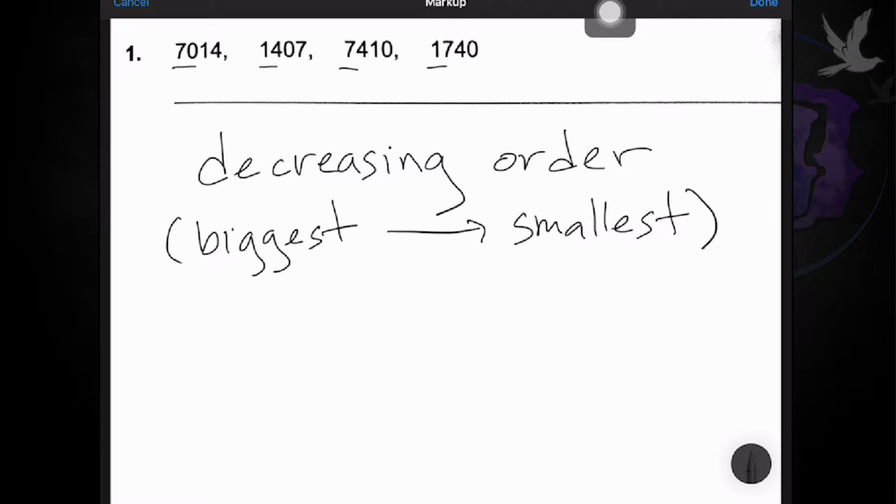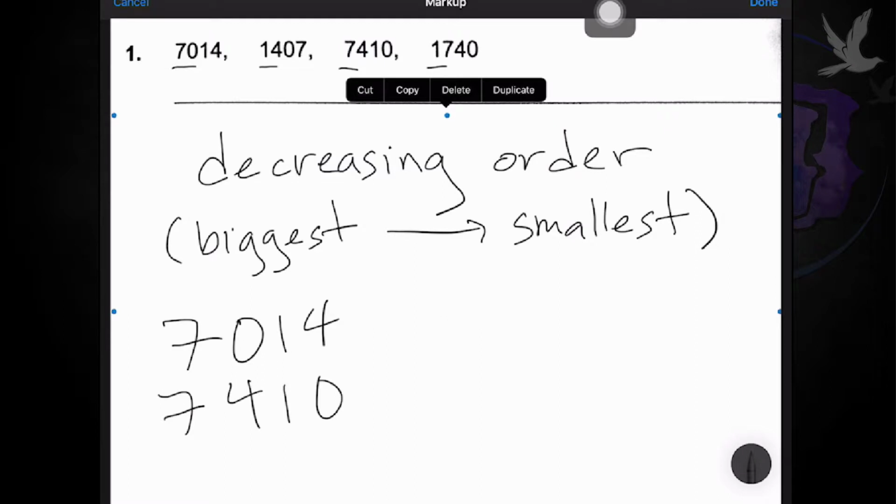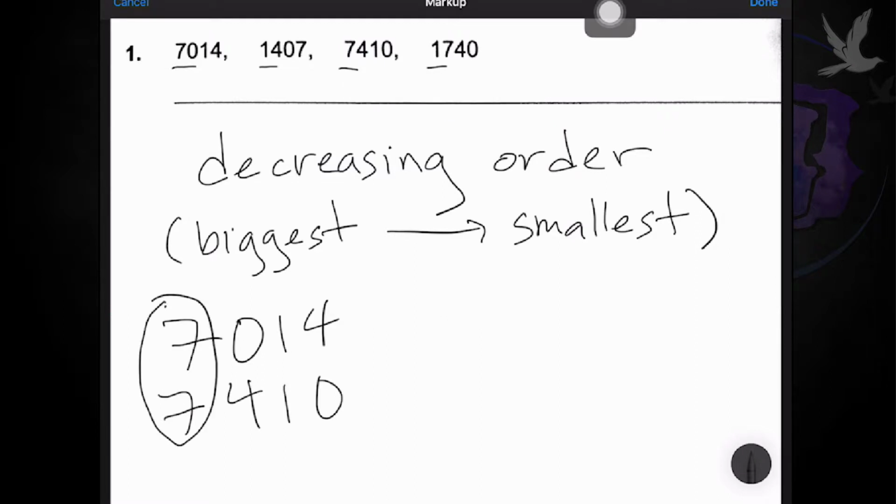So identifying the biggest number here, we have to grab the ones that start with 7 first. So 7014 and 7410. If you notice again, the first digits are the same, except for our second digit, which is 0 and 4.